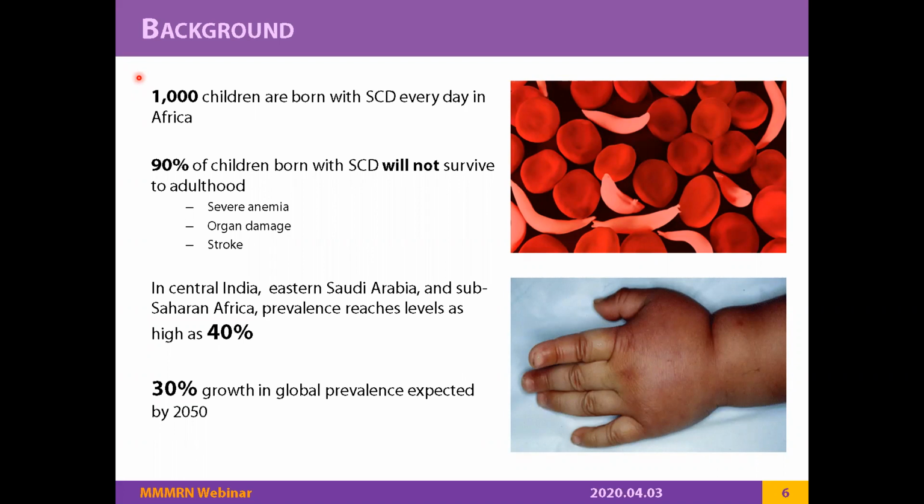And the global prevalence can be even higher in South Asia or the Mediterranean region. And it is expected to grow because as the population grows and there are more migration and interracial marriages, these kinds of issues are not globally bound anymore. They actually spread pretty quickly. So you can see it's a growing global concern.